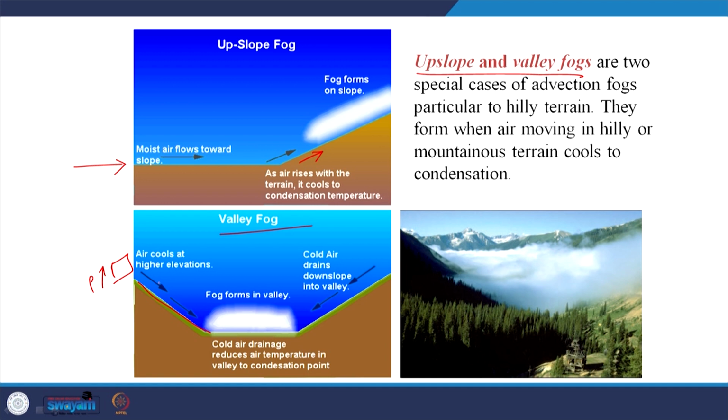As it cools at higher elevations, it condenses near the valley, whereby you see a particular type of cloud called valley fog. So, cold air drainage reduces the air temperature in the valley to the condensation point. Okay. So, the cold air is draining across the valley to a low point where it condenses and forms what is called valley fog.